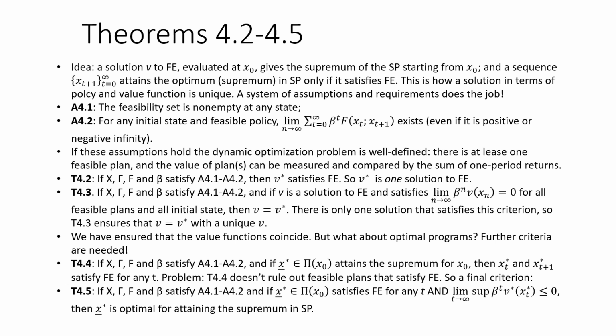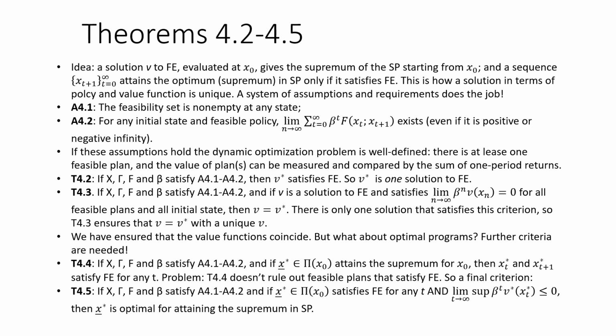Let's assume that they meet assumption 4.1 and 4.2, and if we have a policy, a plan, a program that attains the supremum for a given initial state, then for any t, this plan satisfies the functional equation.